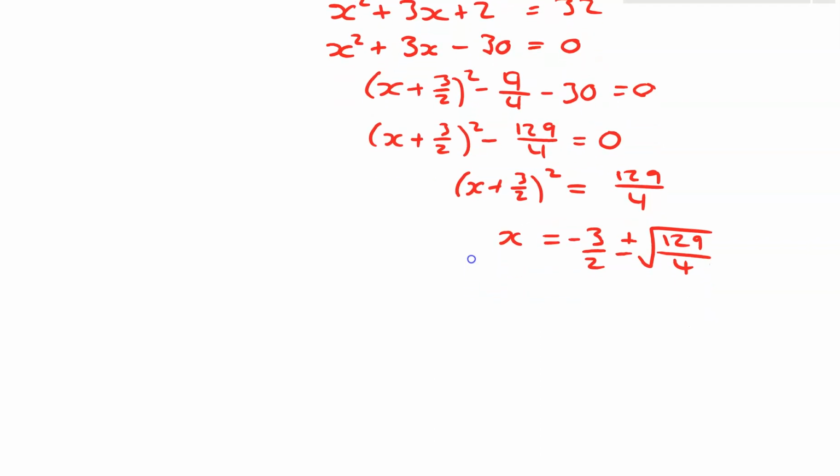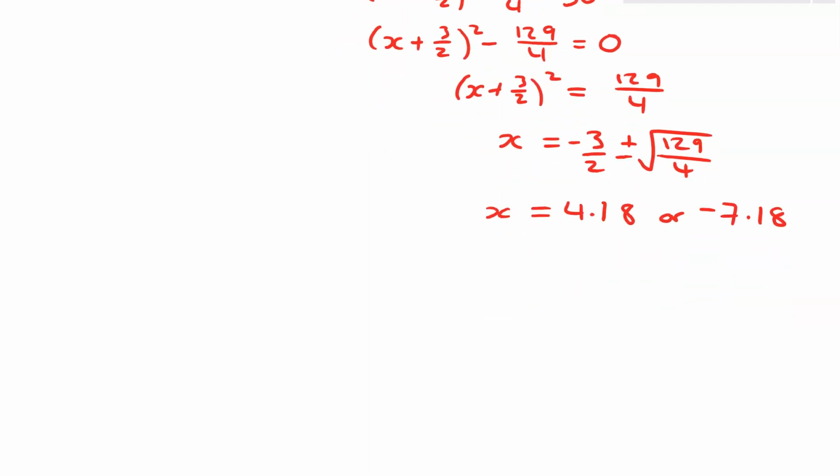Now, if they wanted an exact solution, obviously that's what you would have to type or write. If they do ask for decimals, you have two options. So x was 4.18 or negative 7.18. Now, if you stopped there, you may lose a mark.